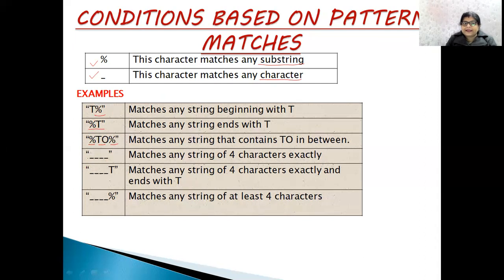Another has exactly 4 characters and then ends with T. Another has exactly 4 characters and after that multiple characters will be there. The conclusion is: percentage means more than one character, and underscore means one character.